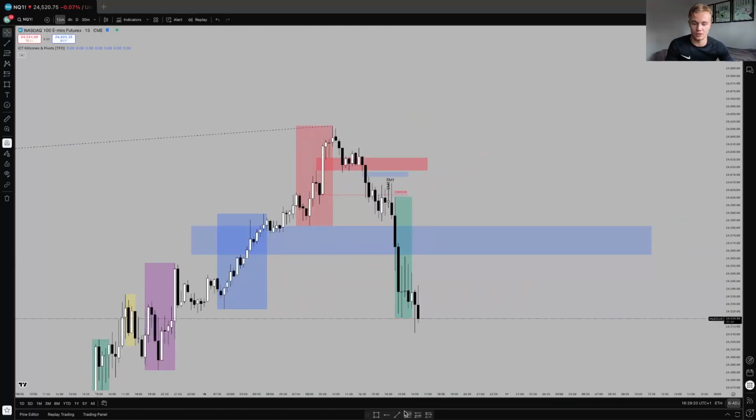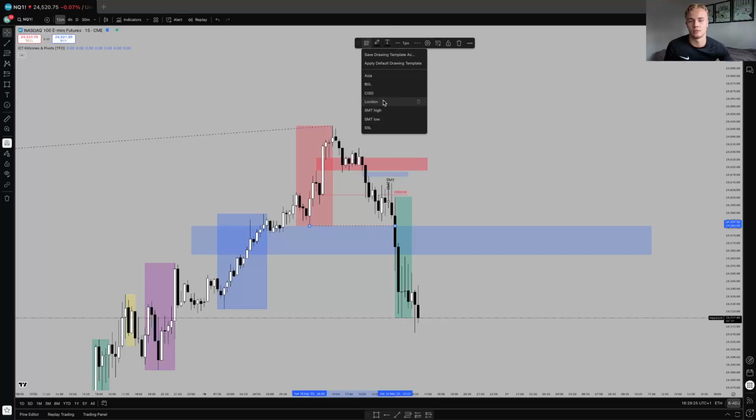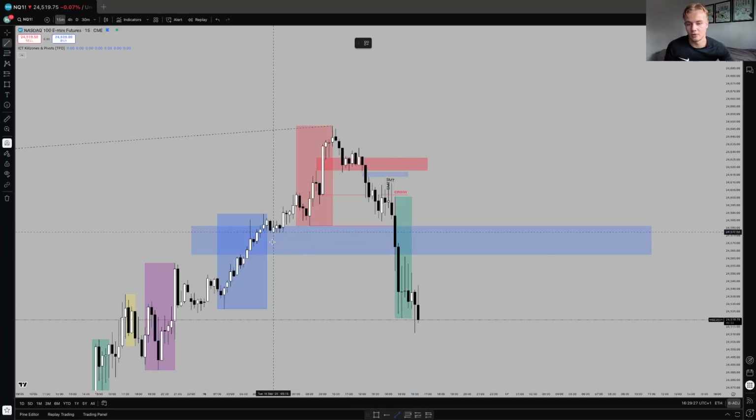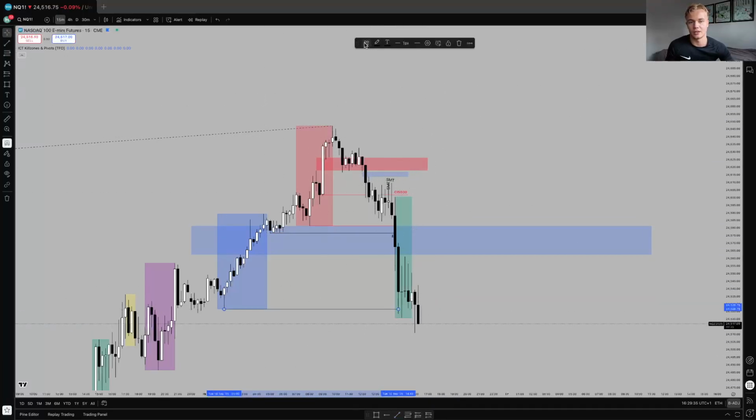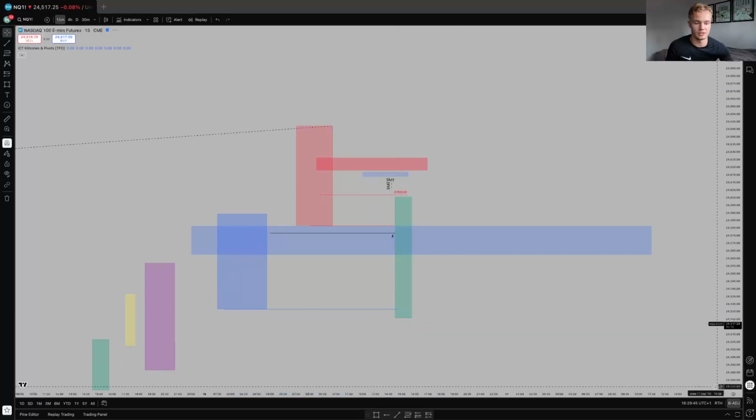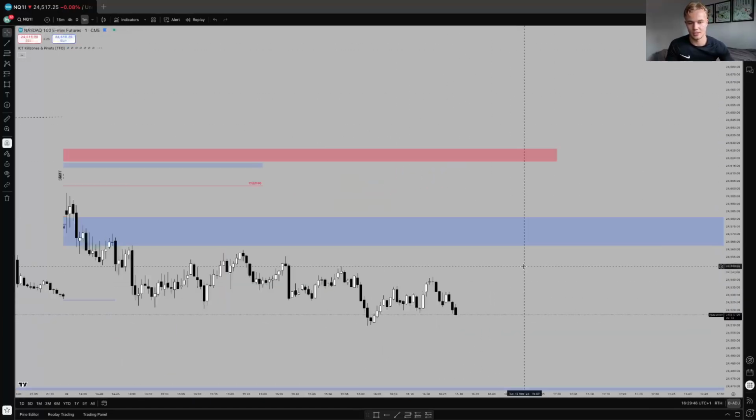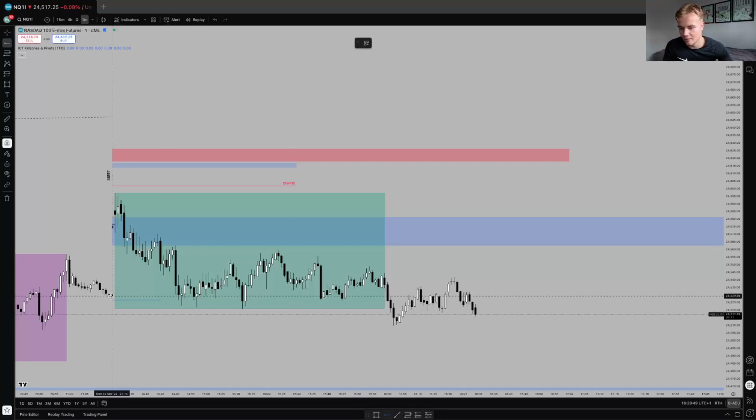So targets entering the day, we've got London low, internal low resistance liquidity, and Asia low, and next to Asia low is the daily low, and then also next to this is the opening gap range. So the midnight open is here.